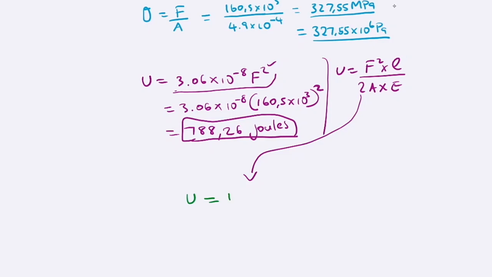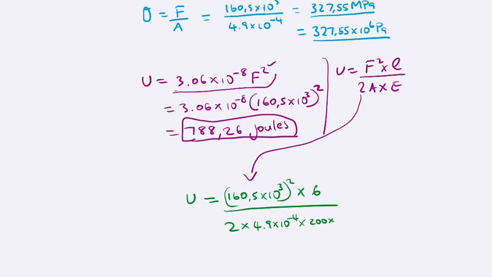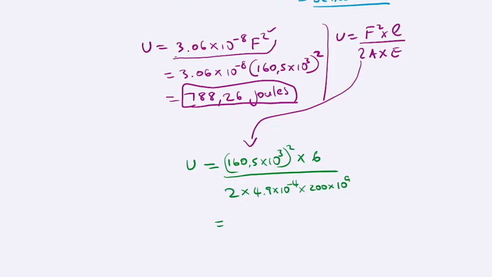The force is 160.5 times 10 to the exponent 3, squared, times the length, which is 6, divided by 2 times the area, which is 4.9 times 10 to the exponent negative 4, times Young's modulus, which is 200 times 10 to the exponent 9. When you calculate this, it's going to give you the same answer, 788.26 joules.